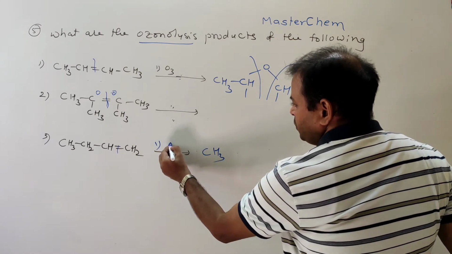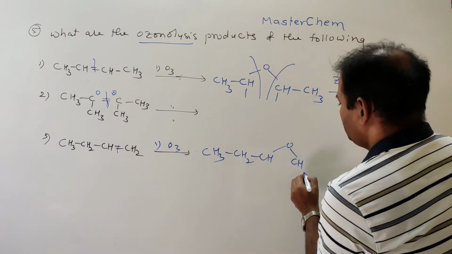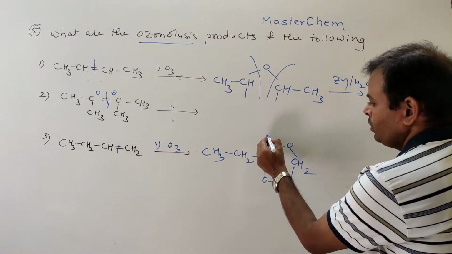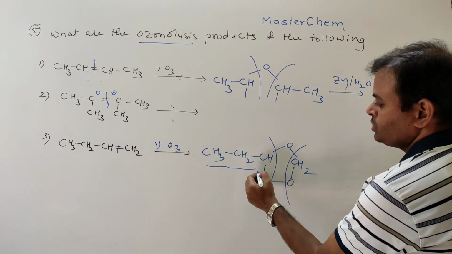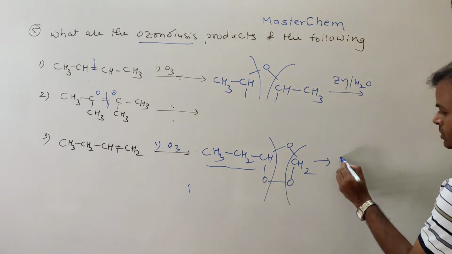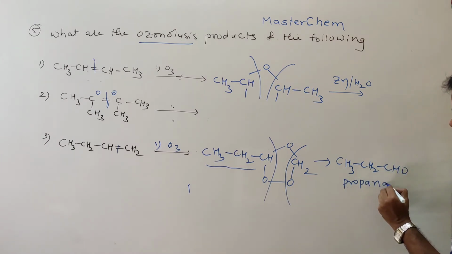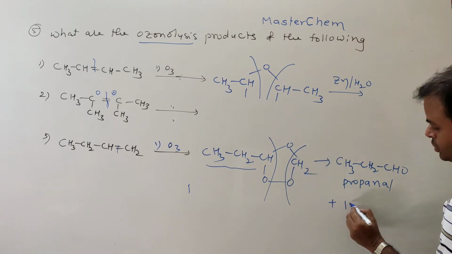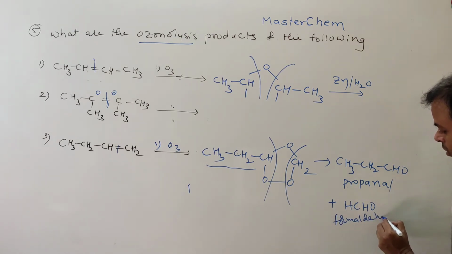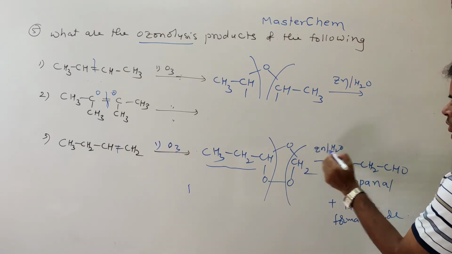It gives the ozonide of CH3CH2CH=CH2. With zinc and H2O, it gives CH3CH2CHO, propanal, plus HCHO, formaldehyde.